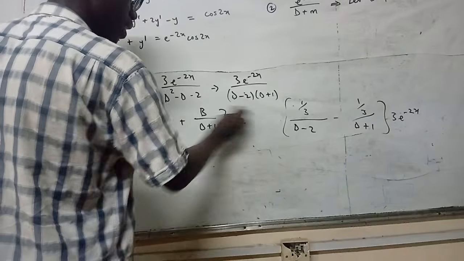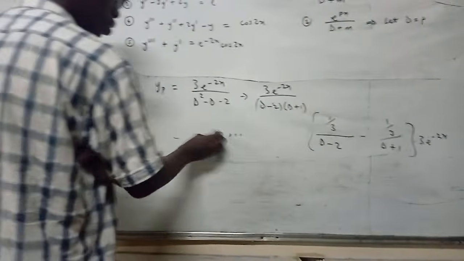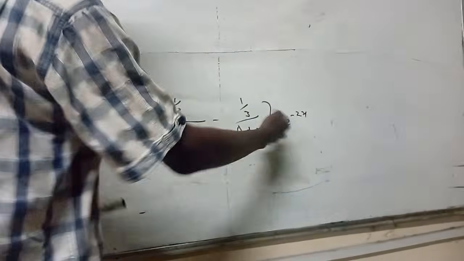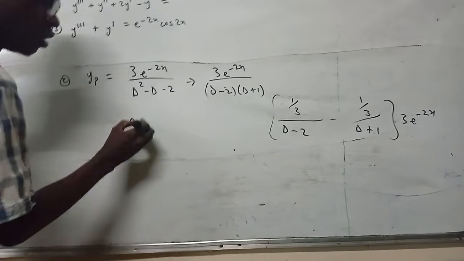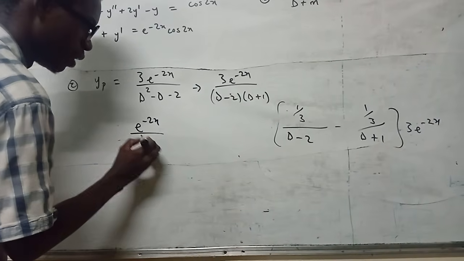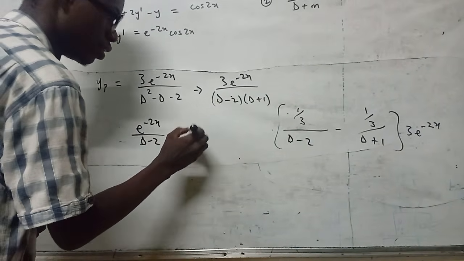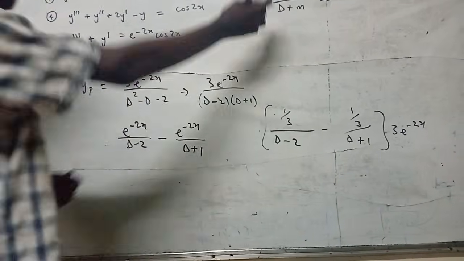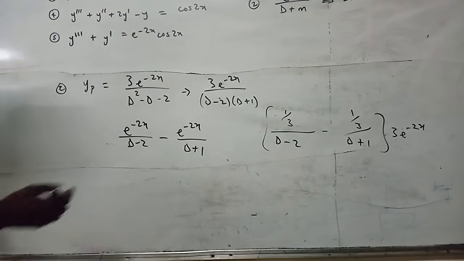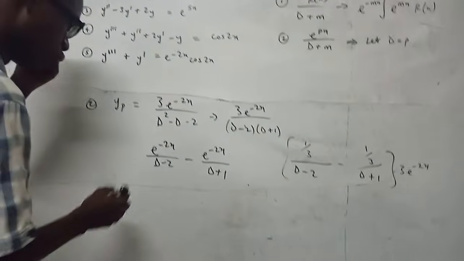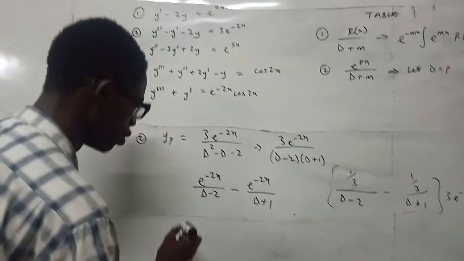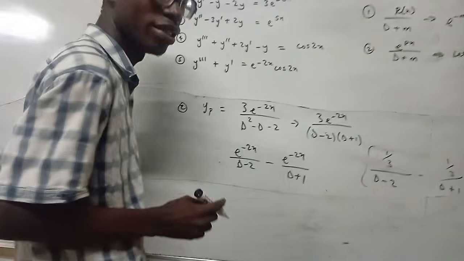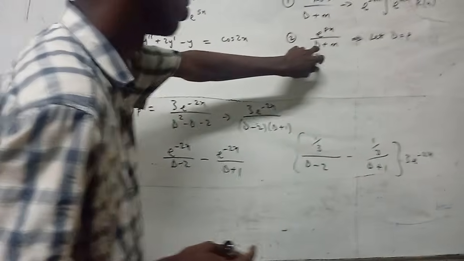If I bring it inside, 1 over 3 will cancel out both of them. So we are going to have e to the minus 2x over D minus 2 minus e to the minus 2x over D plus 1, which you can solve using the first or the second. Let's use the first one, which is easier.